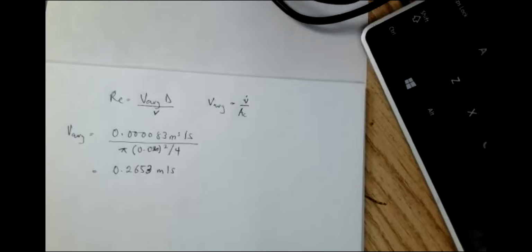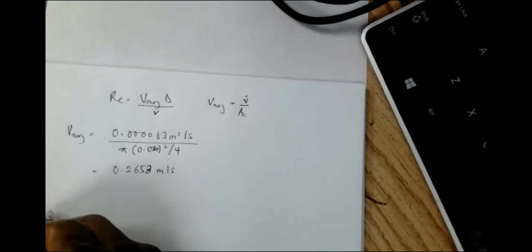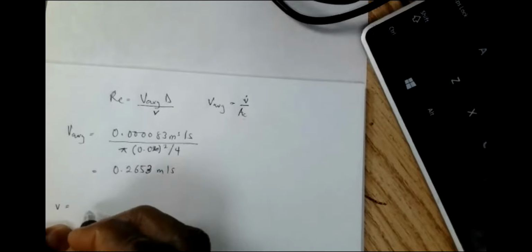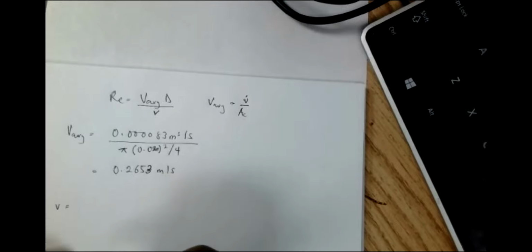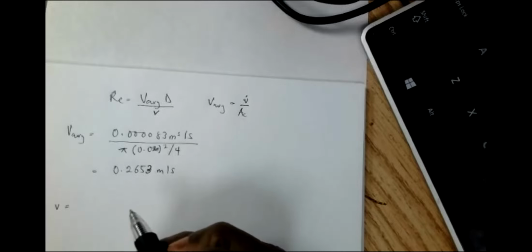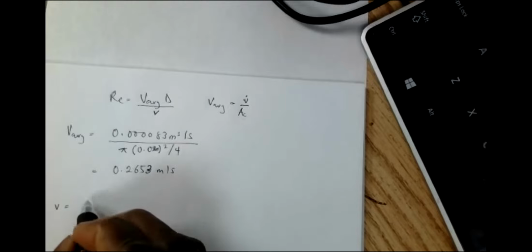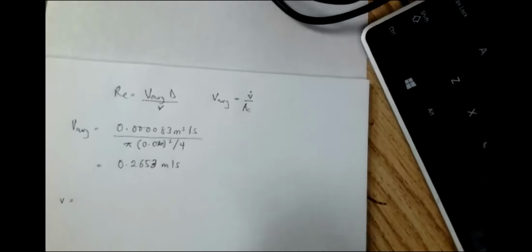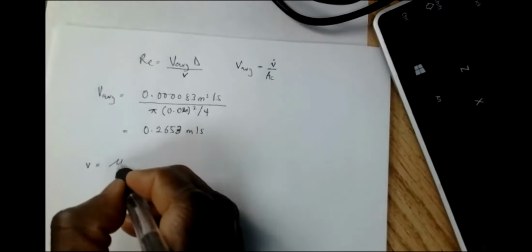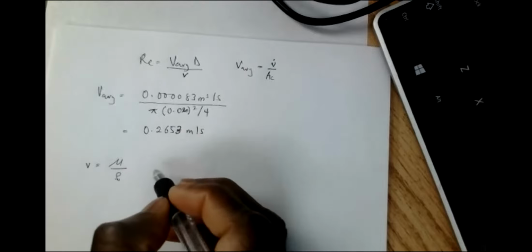Okay, and also we can get the kinematic viscosity, nu, by dividing the dynamic viscosity by the density. So this is equal to mu over rho.